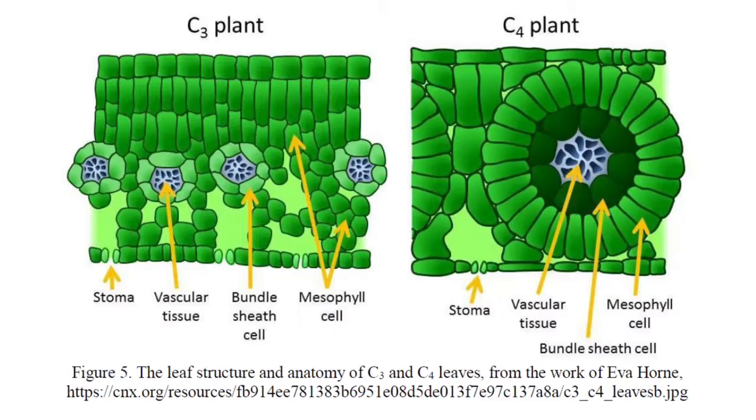So let's go back a little bit to the figure again. What's very interesting here is that since the mesophyll cell surrounds the bundle sheath, the carbon dioxide will be fixed in each of these mesophyll cells, and then the 4 carbon molecule will be transported to the bundle sheath over here, thereby releasing carbon dioxide.